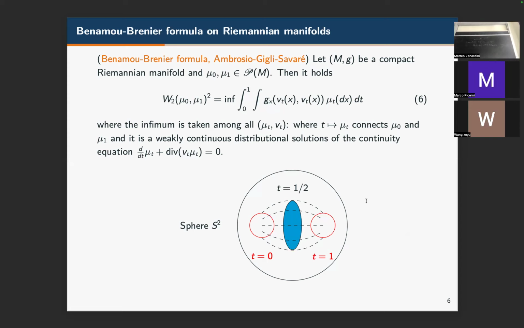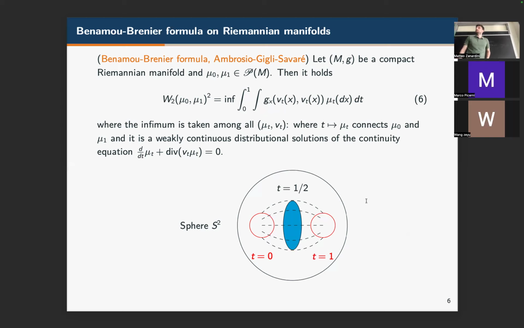For instance, at time t equals 1/2 it is a uniformly distributed measure inside this elliptic-shaped figure, because the dashed lines are geodesics, and you know that on the sphere geodesics tend to stay apart from each other and then connect. And v_t are precisely vector fields such that the dashed lines are integral lines with respect to this time-dependent vector field. This is somehow the geometric picture you should keep in mind.